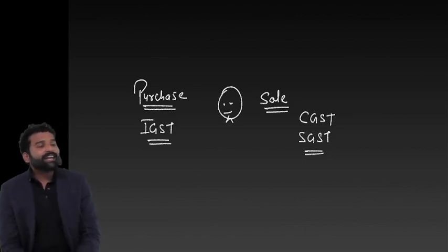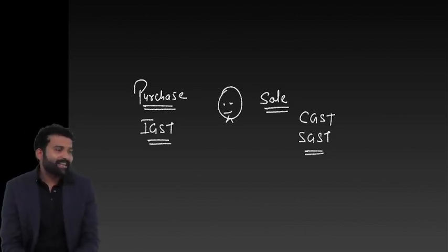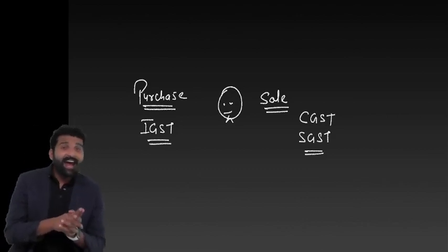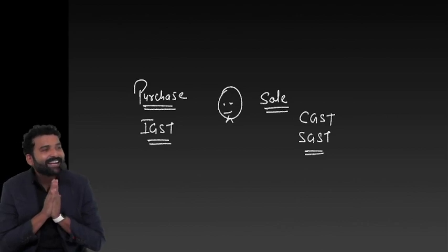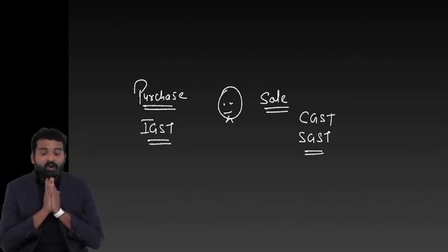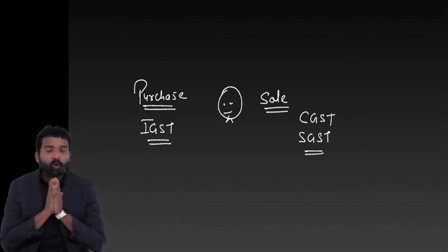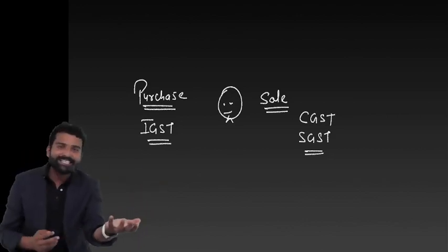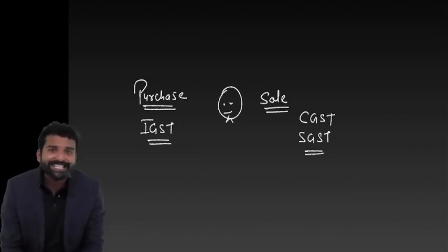So I have a credit of IGST, and now I have to pay CGST and SGST. There are three different taxes, and the problem is that I have an ITC credit of IGST, and I want to pay CGST and SGST.